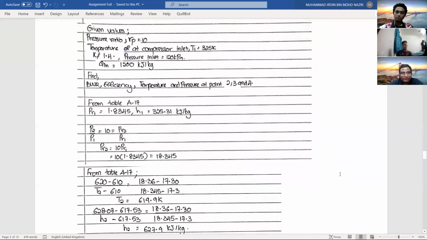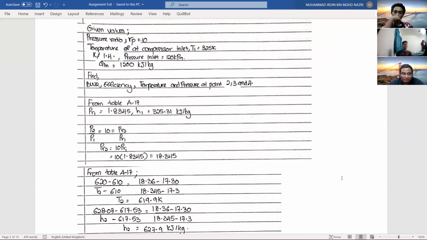Now from table A17, for the temperature 325 Kelvin, we can get Pr1 of 1.8345, and the enthalpy H1 is 325.31 kilojoule. Using the pressure ratio, P2 over P1 is equal to 10, which equals Pr2 over Pr1.